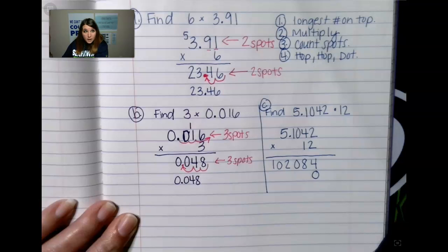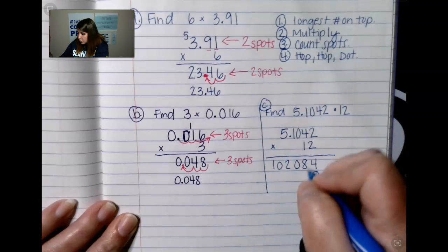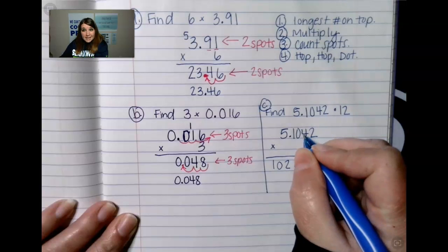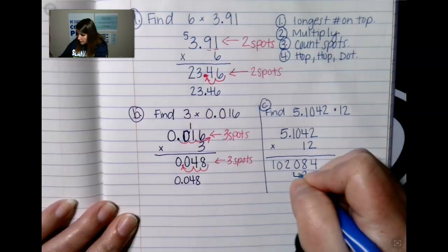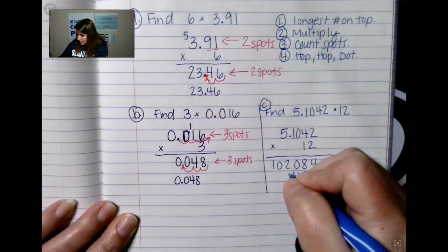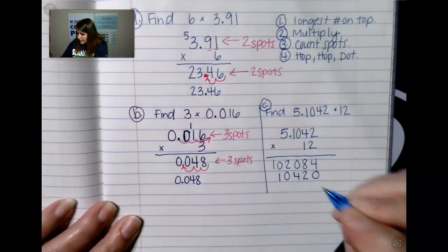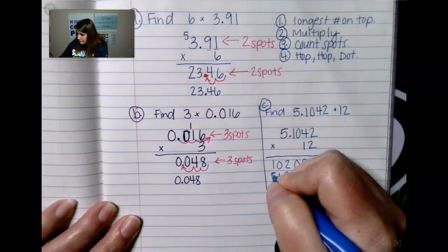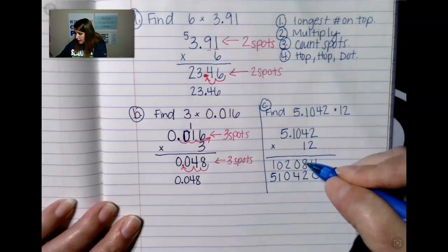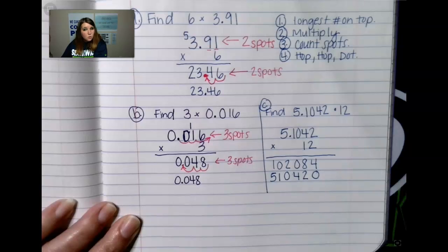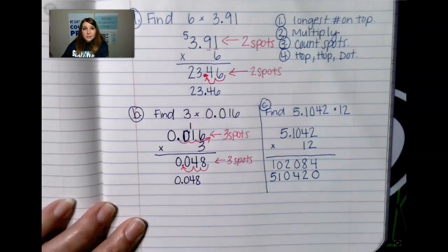Now, once you have a placeholder there to hold your 0 place for that 10, you are ready to multiply by 1. 1 times 2 is 2. 1 times 4 is 4. 1 times 0 is 0. 1 times 1 is 1. And 1 times 5 is 5. Notice how I'm lining up all of my digits nice and neatly. If you don't line up your digits, it will be really hard to add accurately.